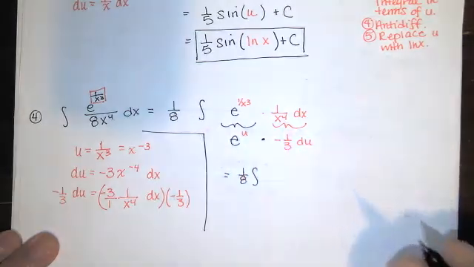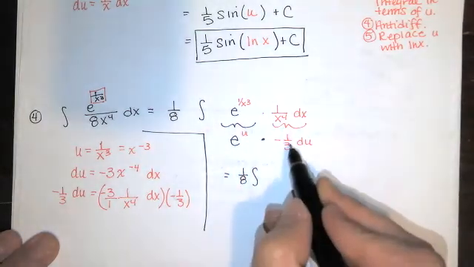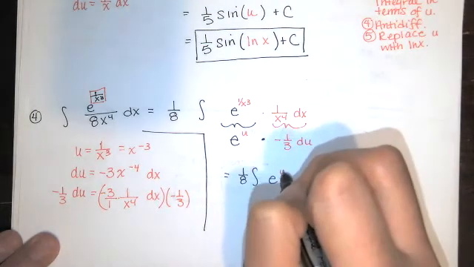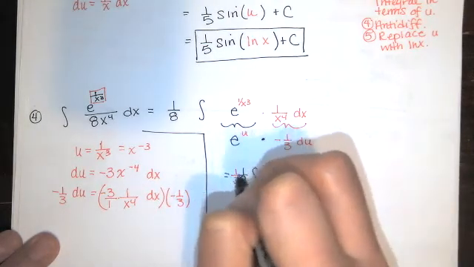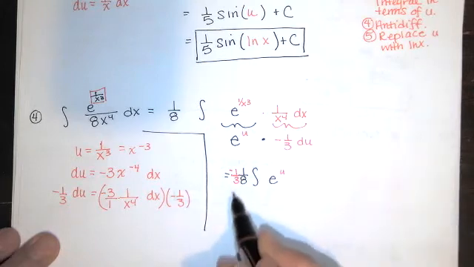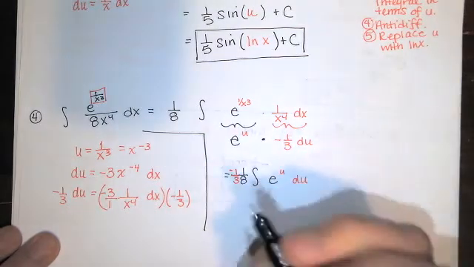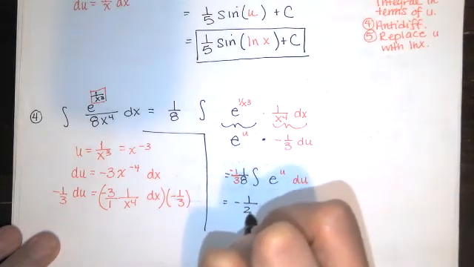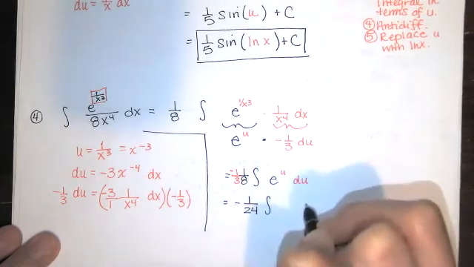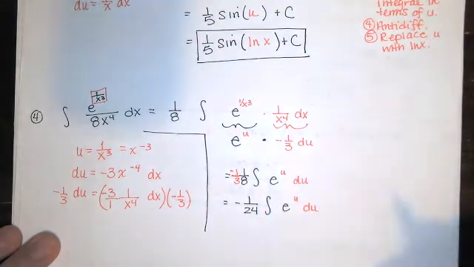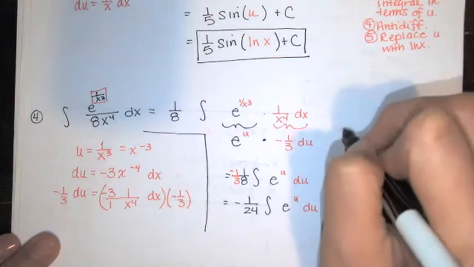This is 1/8 times a -1/3 du times e to the u. Okay, so I've got a -1/3 times 1/8 times e to the u du right here. That's -1 over 24 times the antiderivative of e to the u with respect to u.